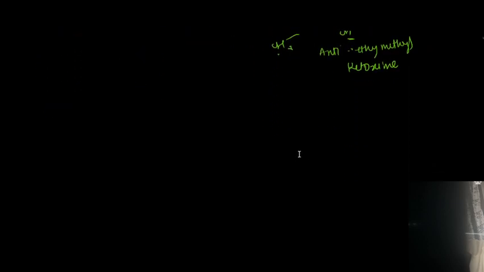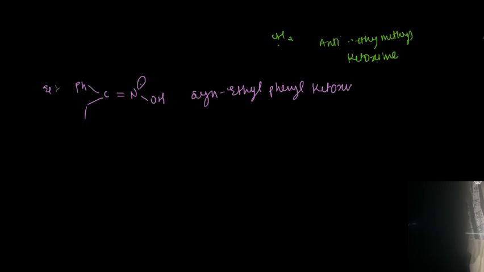Like every ketoxime has two types of name. Like example, we have PhC double bond N OH. This is known as syn ethyl phenyl ketoxime, and it is known as anti phenyl ethyl ketoxime. Right, we have another example.